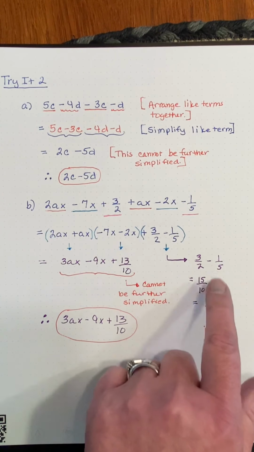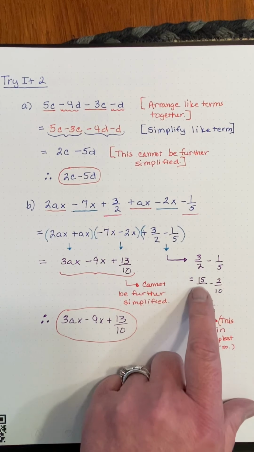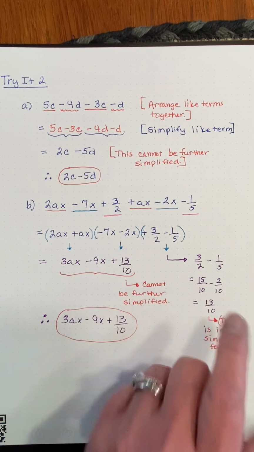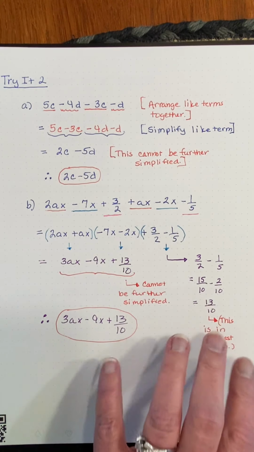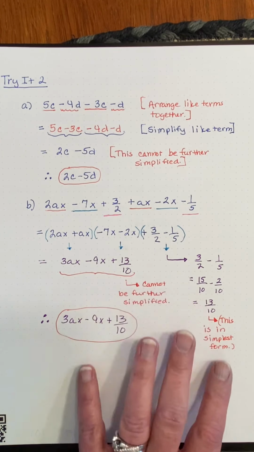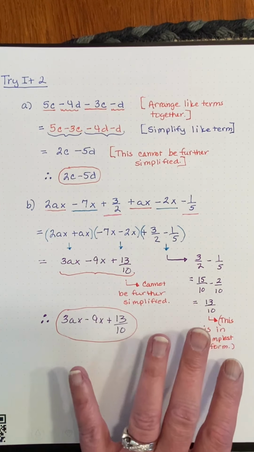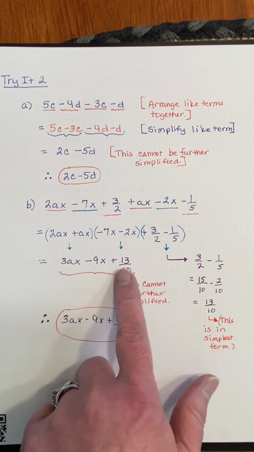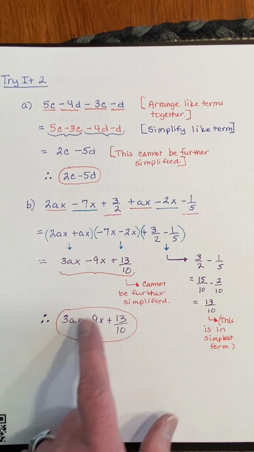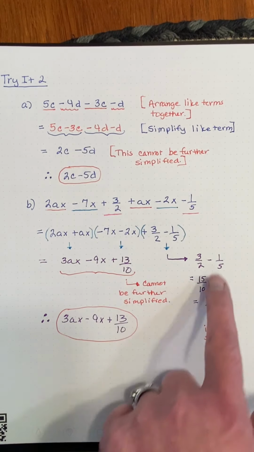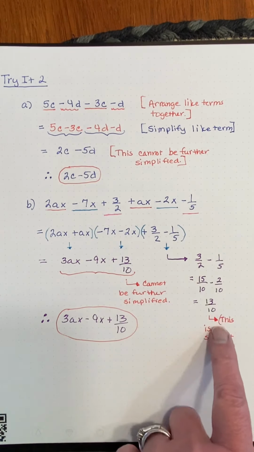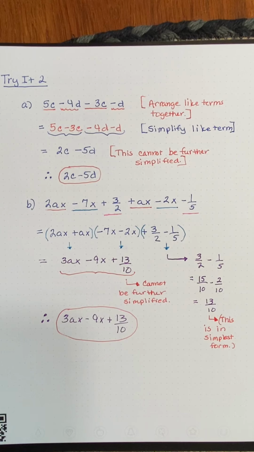So I first of all switch my fractions to 15/10 minus 2/10. It's 13/10. Looking at this fraction, it is in simplest form, so I just leave it alone, 13/10. Again, this cannot be further simplified, therefore 3ax minus 9x plus 13/10, which I found working my fractions, is my simplification of that problem. And there we have it.